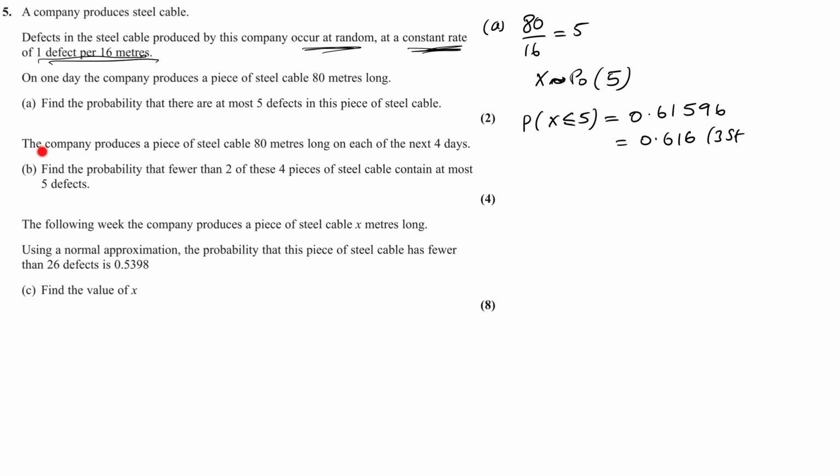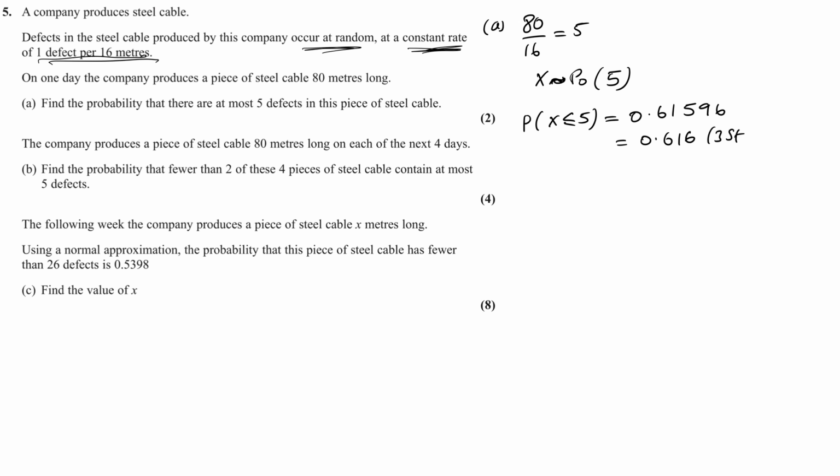Now, the company produces pieces of steel cable 80 meters long on each of the next 4 days. So this is kind of like as if it's switching into binomial now, which is quite common with these types of questions. A Poisson into a binomial or something similar. So find the probability that fewer than 2 of these 4 pieces contain at most 5 defects.